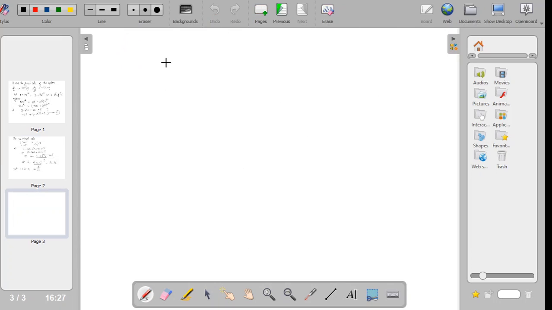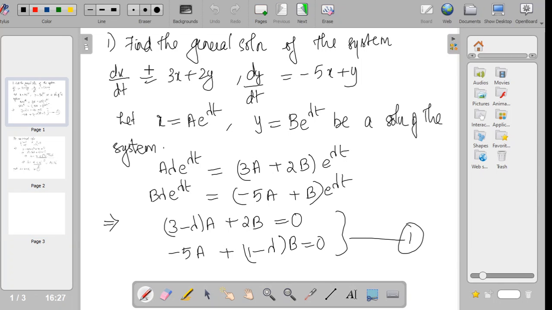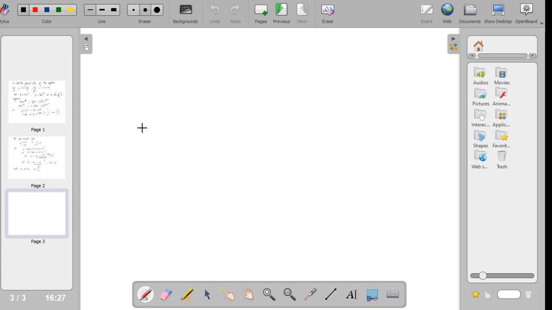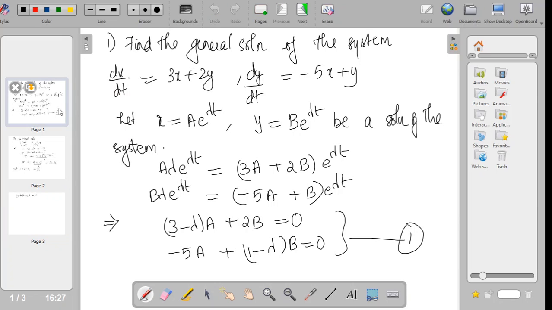So the equation is (3 minus lambda) a plus 2b equal to 0 and minus 5a plus (1 minus lambda) b equal to 0.